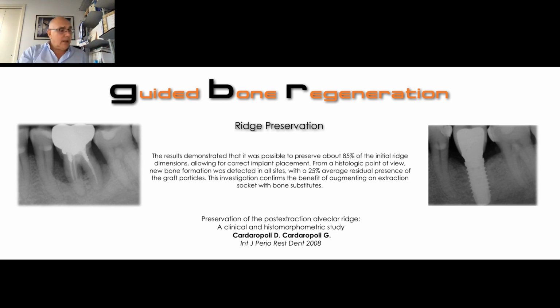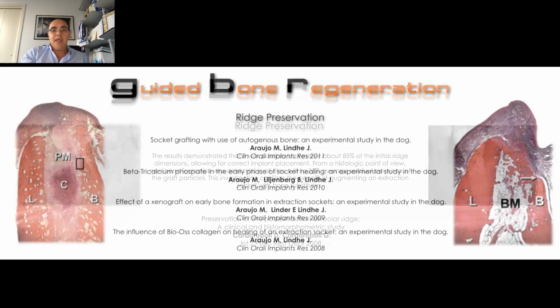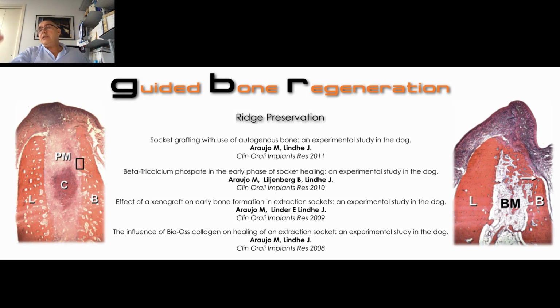Well, going back to talk about ridge preservation, the Cardaropoli brothers in 2008 did a nice study, and they demonstrated that it was possible to preserve 85% of the original ridge volume whenever we were using a bone graft. So why not do it? Let's look at the literature and what the two people that have studied the most the ridge preservation techniques, that are Lindhe and Maurizio Araujo, have to say.